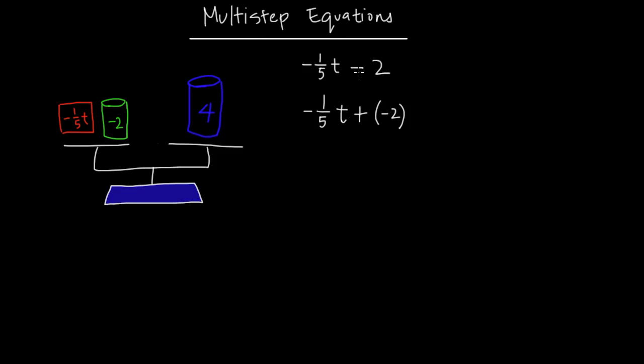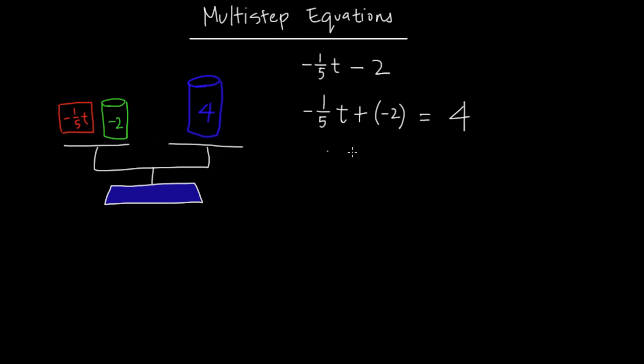So in this case, we're going to change this to an addition, and take the opposite of 2, which is negative 2. And of course, this is equal to 4. So we have this algebraic version of what we have on the scale here: negative 1 over 5t plus negative 2 is equal to 4.